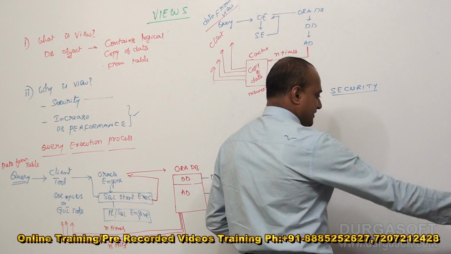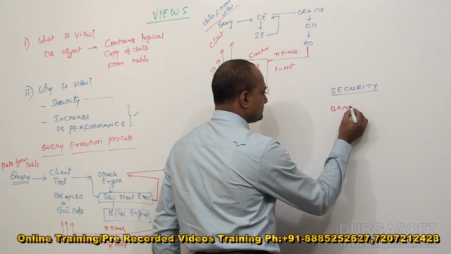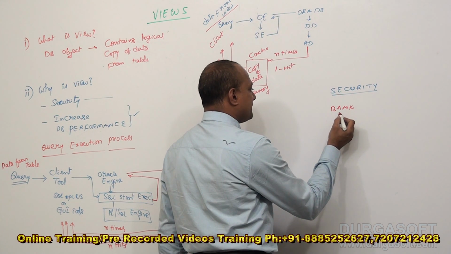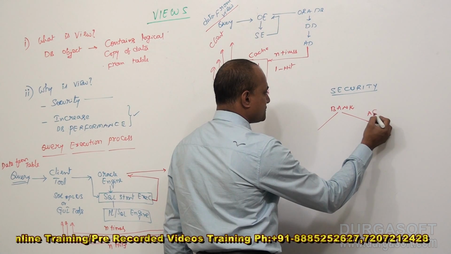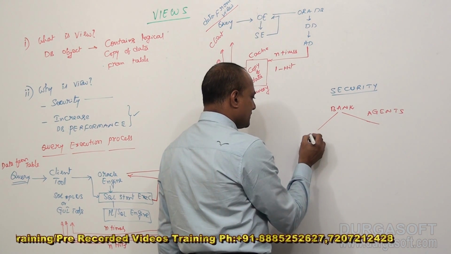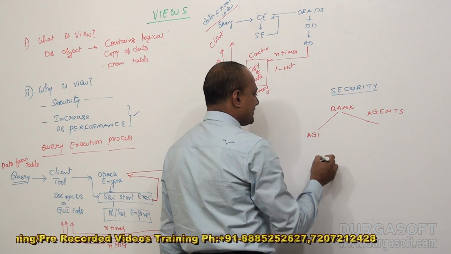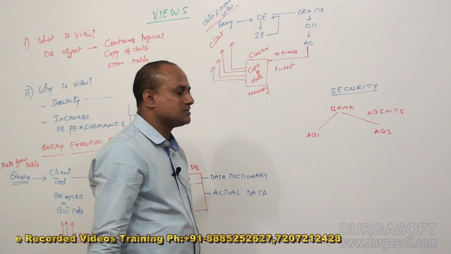Say some bank is there. For this bank, there are some agents, credit card agents, let us say. Agent 1 for one area, agent 2 for another area.